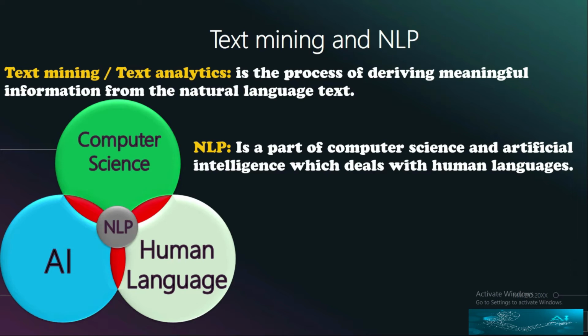Now, on the other hand, natural language processing refers to the artificial intelligence method of communicating with an intelligent system using the natural language. As text mining refers to the process of deriving high quality information from the text, the overall goal here is to essentially turn the text into data via the application of natural language processing. Statistical text mining and NLP go hand in hand.